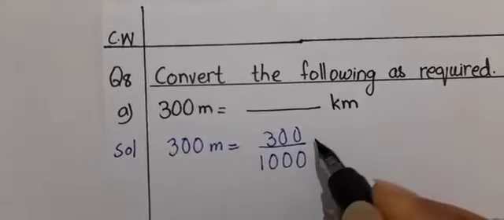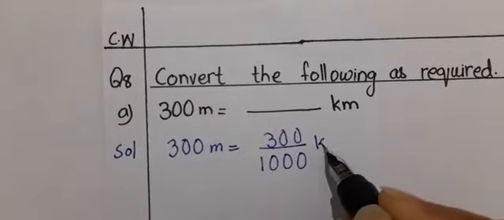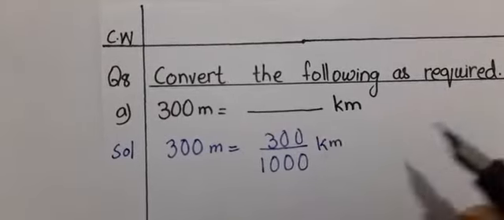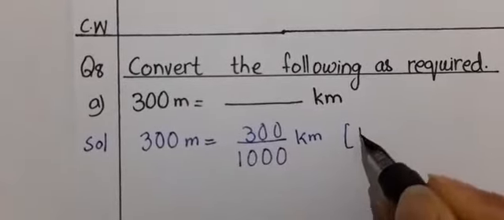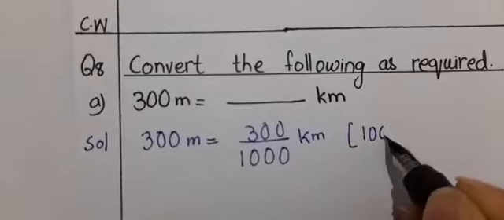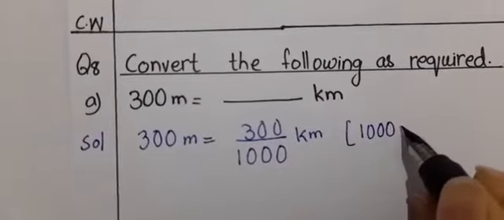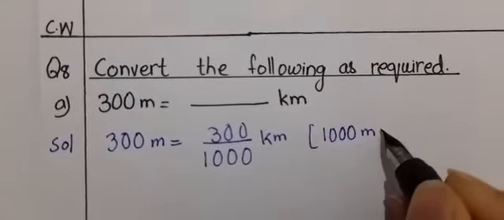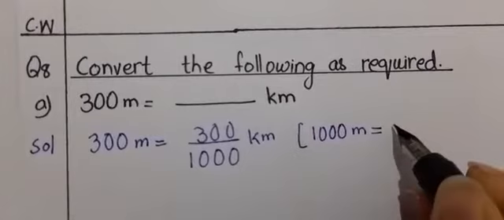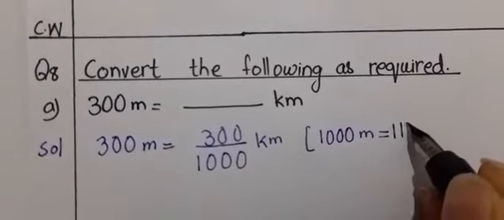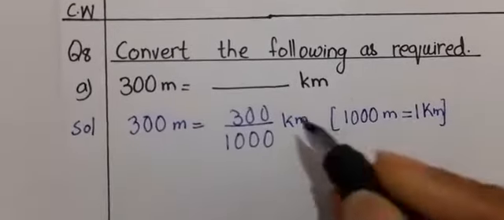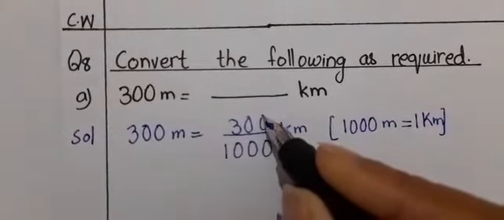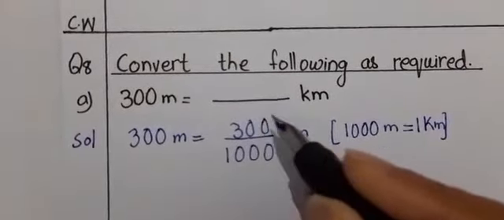Now this meter is converted into kilometers, and we can also write in a bracket so that we don't forget that 1000 meters equals to 1 kilometer.